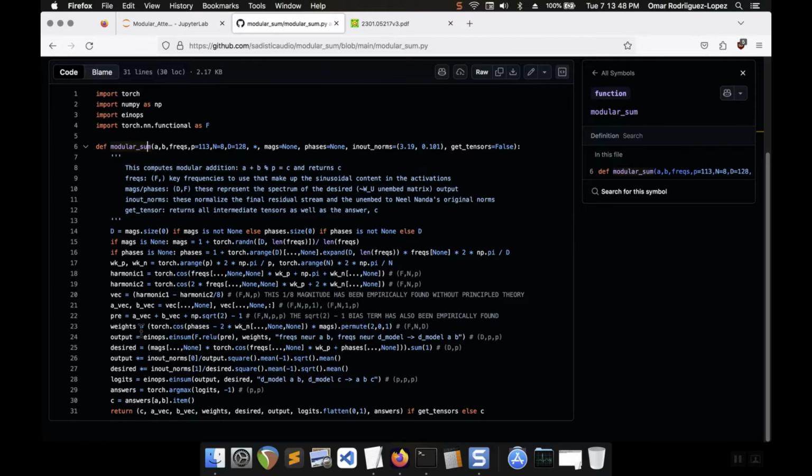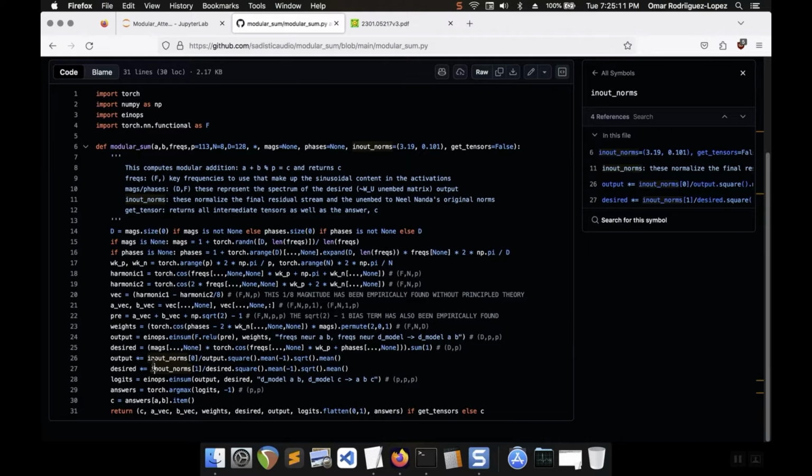Then the unembed matrix is created using the magnitudes and phases given or random ones. They're normalized, and then from there the logits and answers are calculated, and given the A and B passed in, C is pulled out and returned.